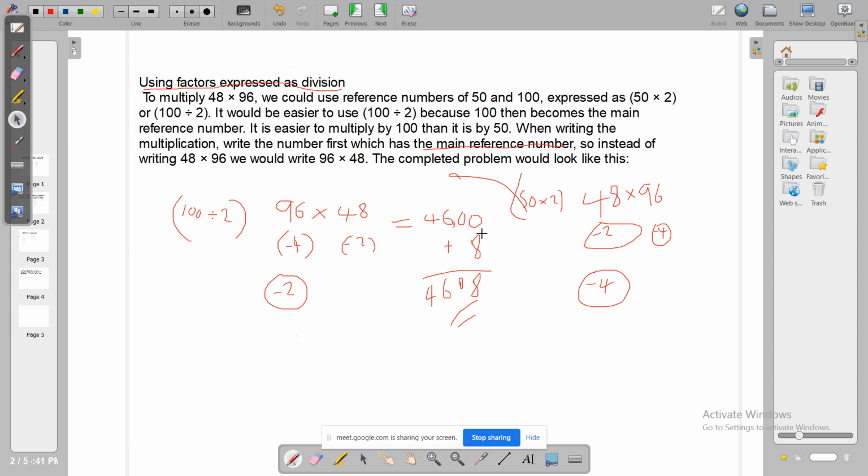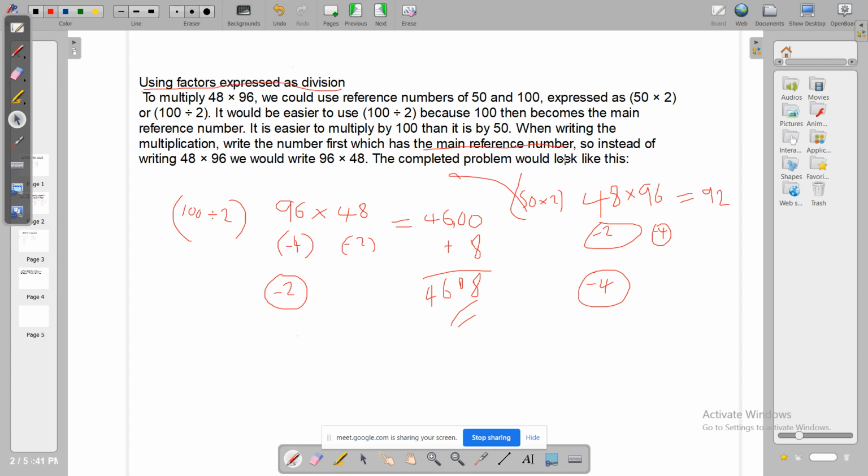So now we will subtract this from this. So negative 4 from this will give us what? 92, right? Do you understand? Okay, so now that we are done, you have to multiply 50 by 92.